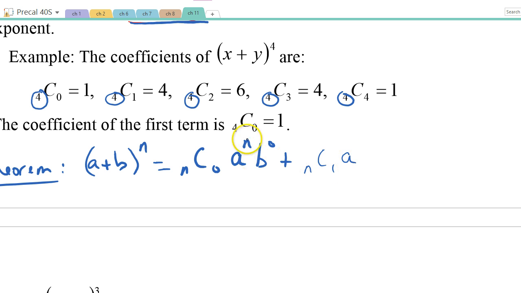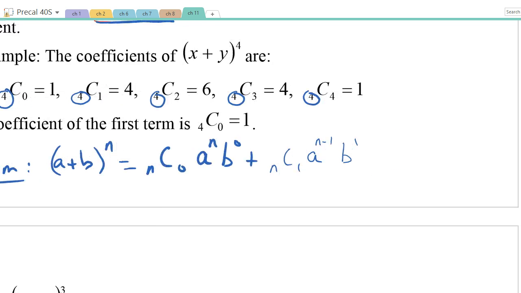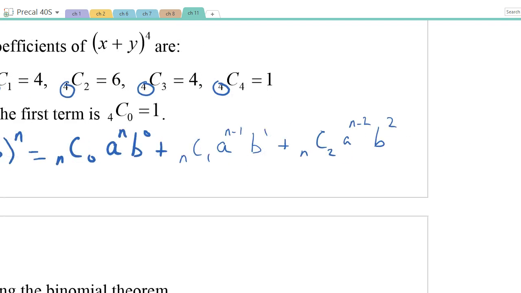And now my power here is going to be coming down by 1, so I'll say a to the n minus 1, and then b to the 1. I'll do one more here, plus nC2, a to the n minus 2, b to the 2. So you see how we're keeping that pattern, n minus 1, n minus 2, and 0, 1, 2. I'll say dot, dot, dot.